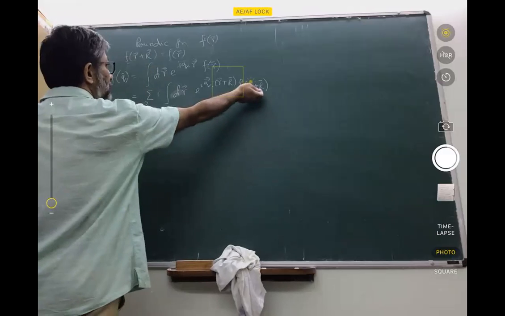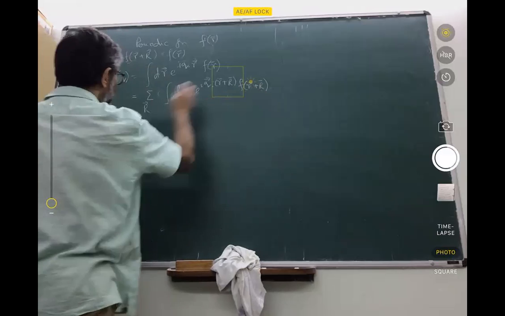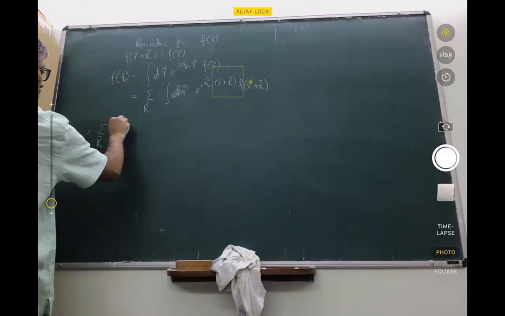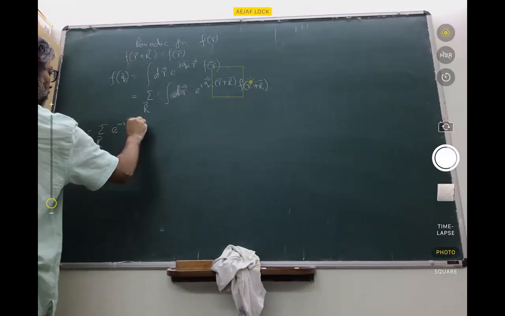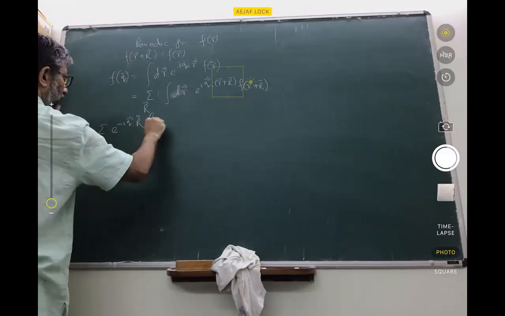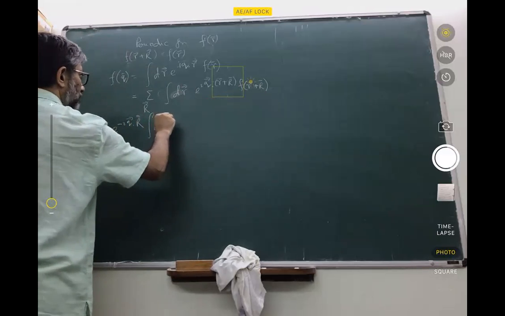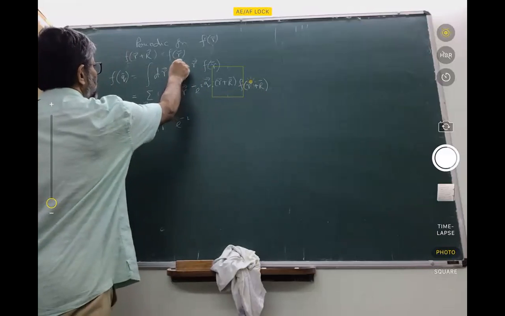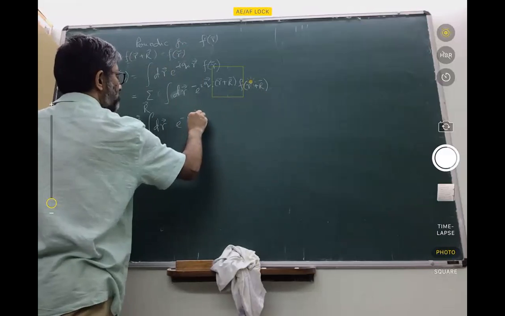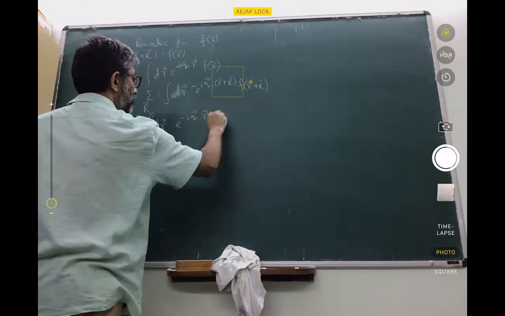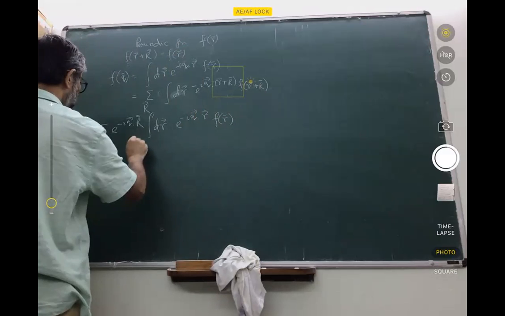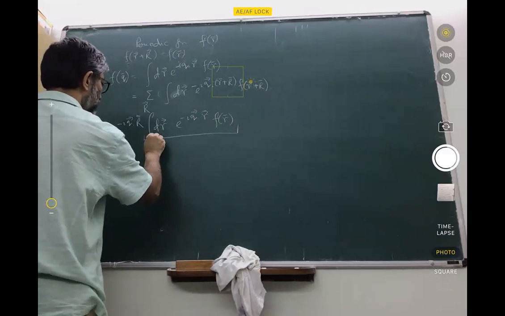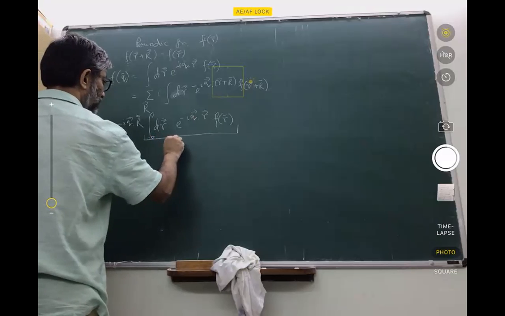Now this is a periodic function, so this will give me f of r minus R, but this integral is over the unit cell. So let me put a 0 here, which means over the unit cell.